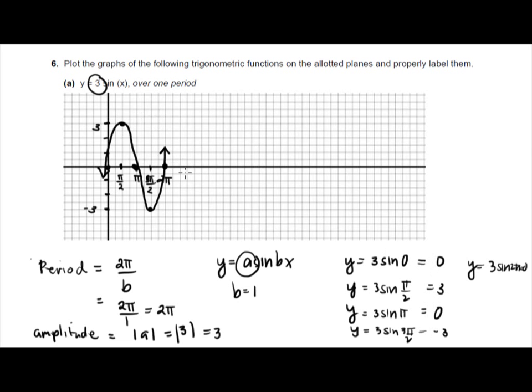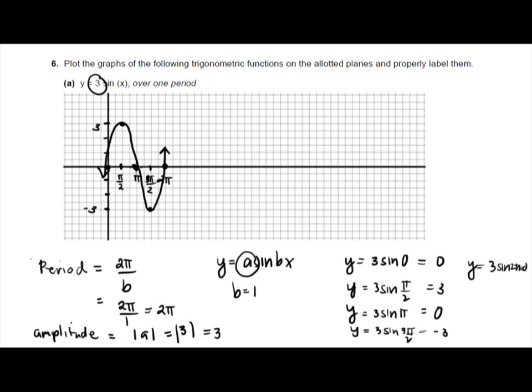Okay? So let's recap. So to graph a sine function, you need to solve for the period, by the formula 2 pi over b. So that's 2 pi over 1 because the coefficient of x, which is b in this function, is 1. So 2 pi over 1 is 2 pi. Then you have to compute for the amplitude. So you have absolute value of a, so absolute value of 3, which is equal to 3. Then you divide the period into 4 regions or 4 intervals.